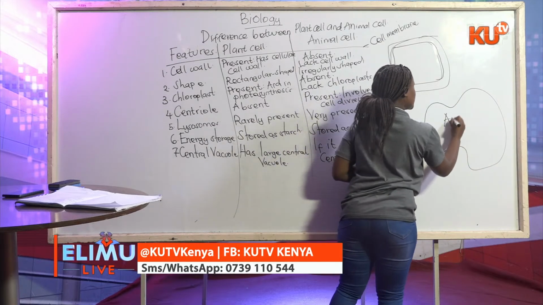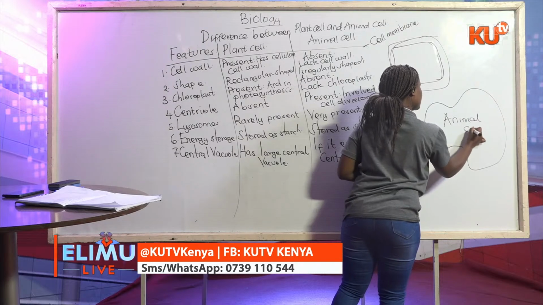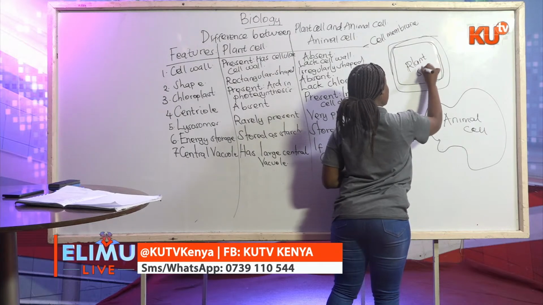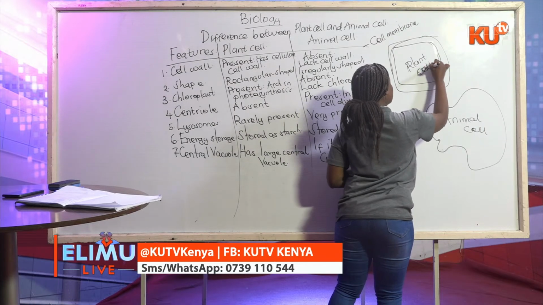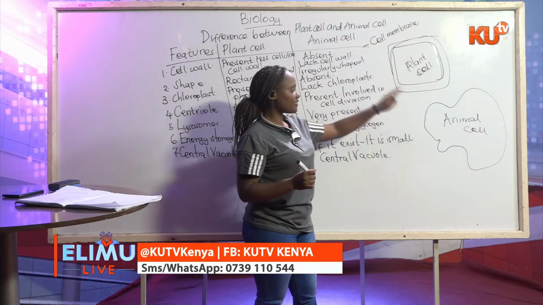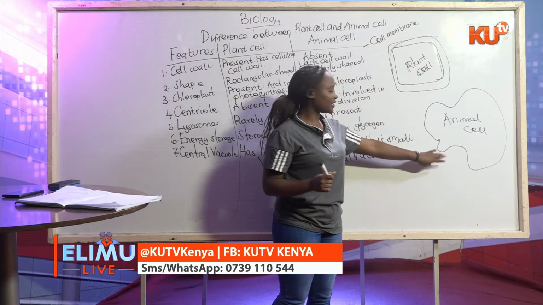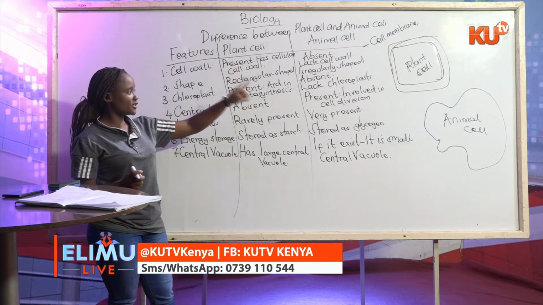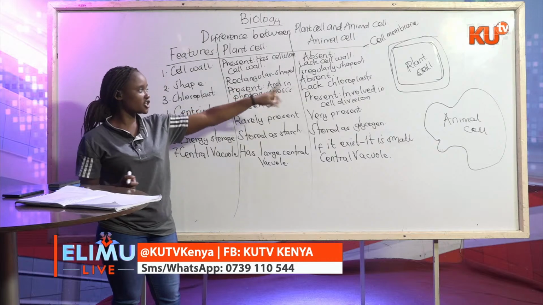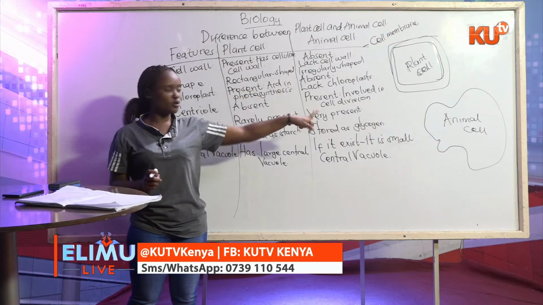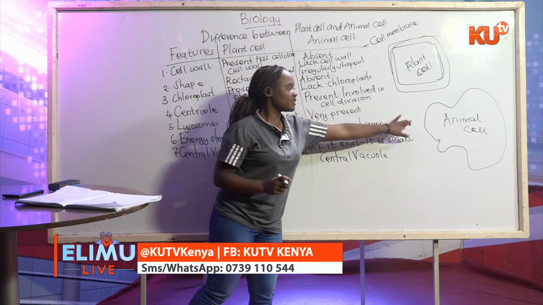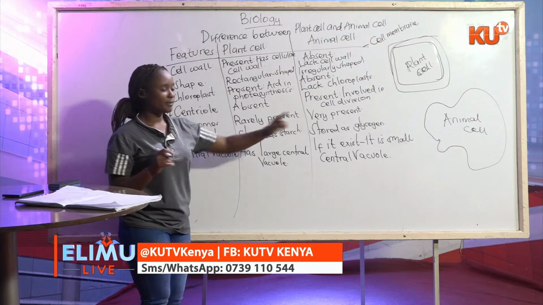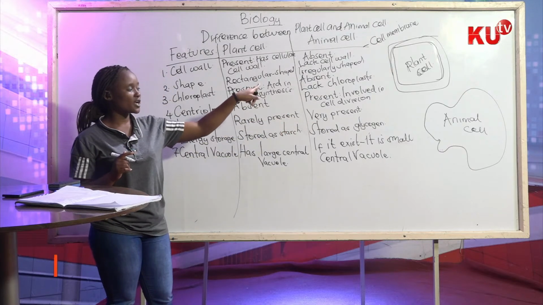This is the animal cell, and this is the plant cell. Here it is rectangular, and here it is irregularly shaped. We cannot define the shape of the animal cell. It might be a bit circular, but we cannot define it, so it is irregularly shaped.